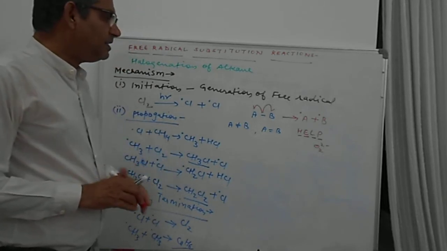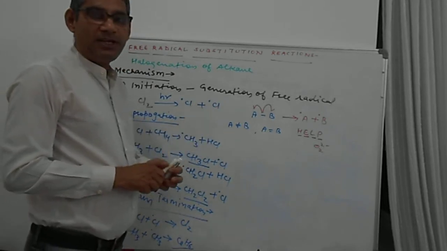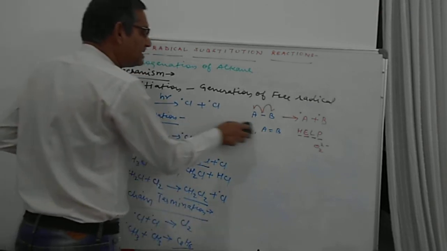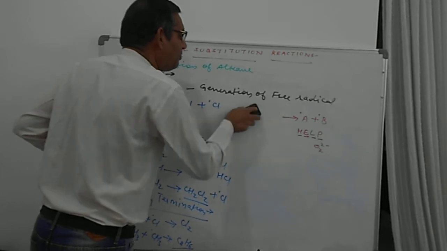So if we provide these four conditions, then only homolytic cleavage will take place, and only then can free radicals be formed. So in this way we can form free radicals.